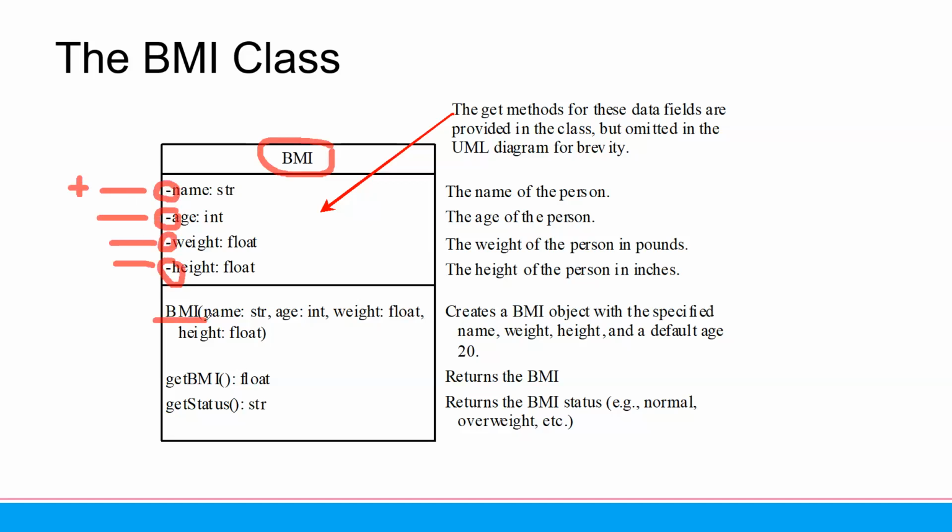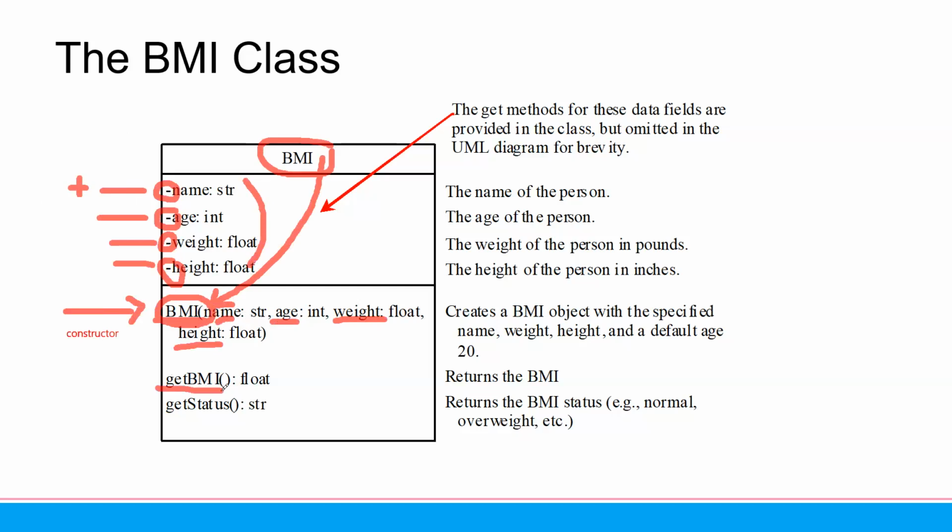And we have BMI. Usually when the class name is the same as the function name, this is the constructor. So in the constructor, we have several values: name, age, weight, height. It means all the members will be in the constructor.